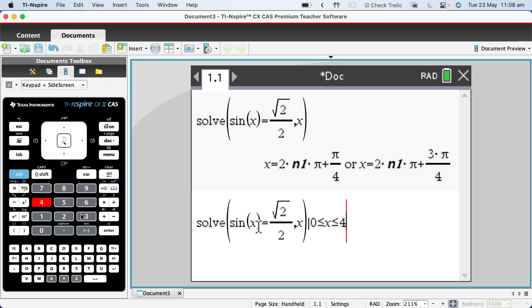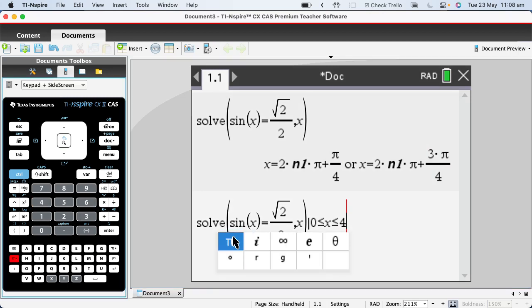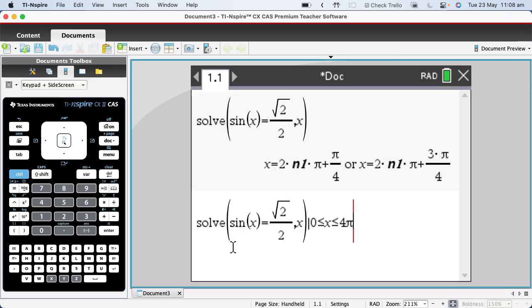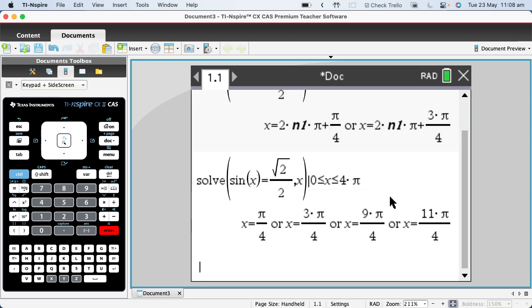That's how I tend to say it anyway. You can actually literally type in the letters pi, and it will do it as well. So solve this equation with respect to x such that 0 is less than or equal to x. That makes sense. x has to be bigger than 0, and x has to be less than or equal to 4 pi. So this gives me the domain of 0 to 4 pi. Press return, and now I've got just the answers I'm looking for.